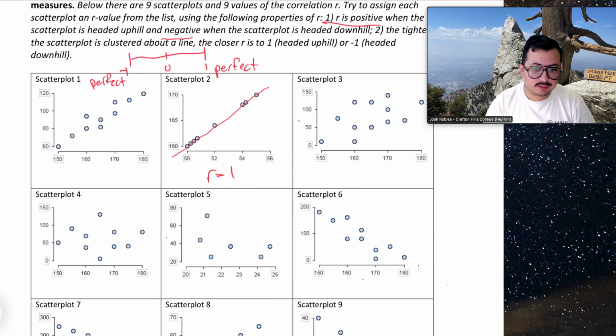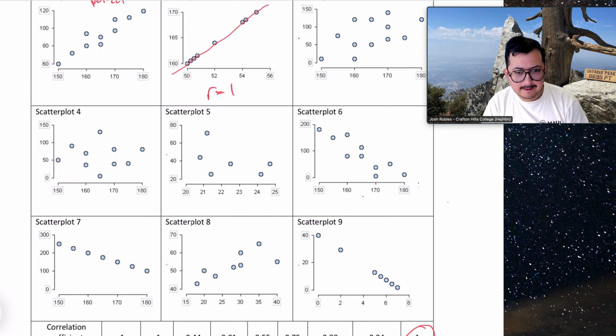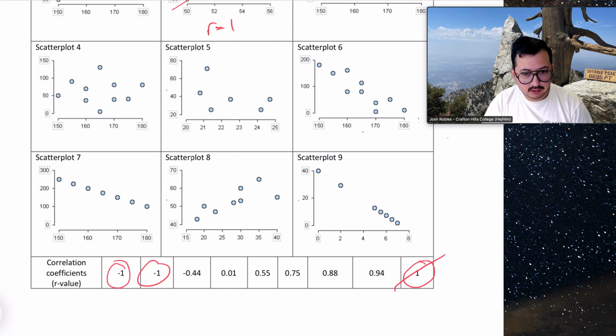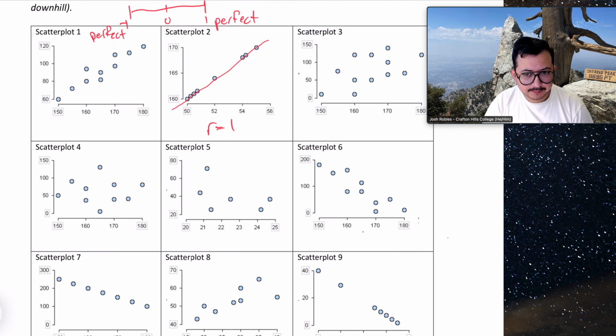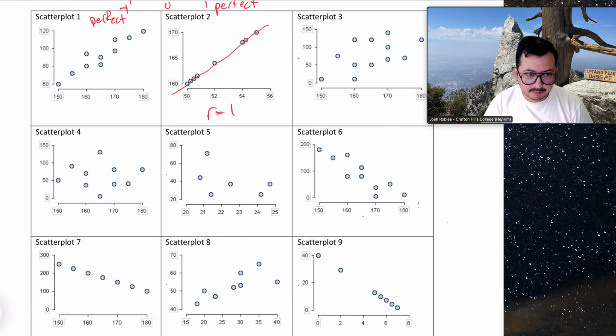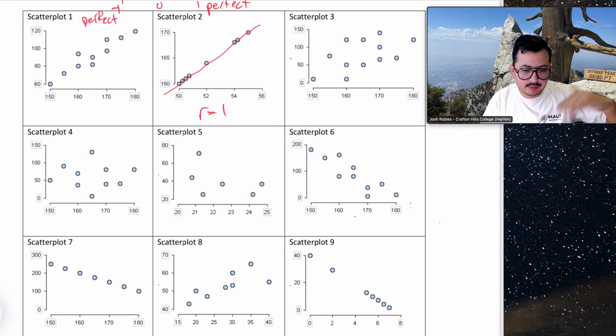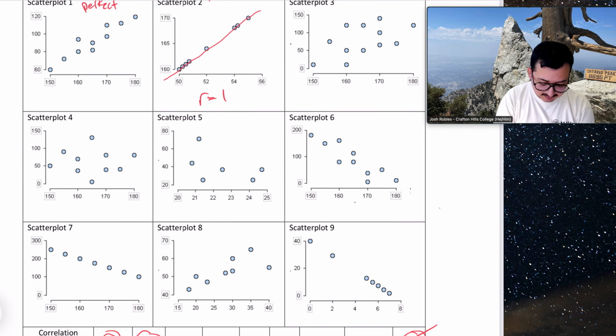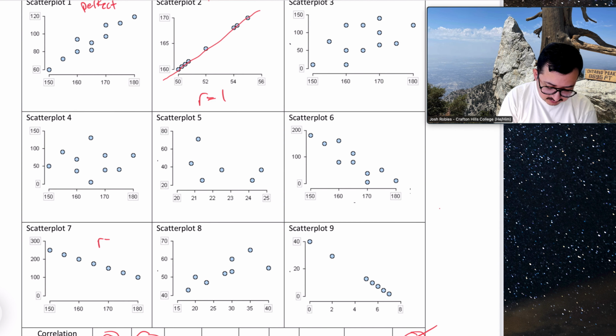That must be this one here: perfect line, positive, increasing. Our matching problem also gives us 2 negative ones. So out of all these scatter plots, there should be 2 of them that have a perfect negative pattern. And so that's 7 and 9.